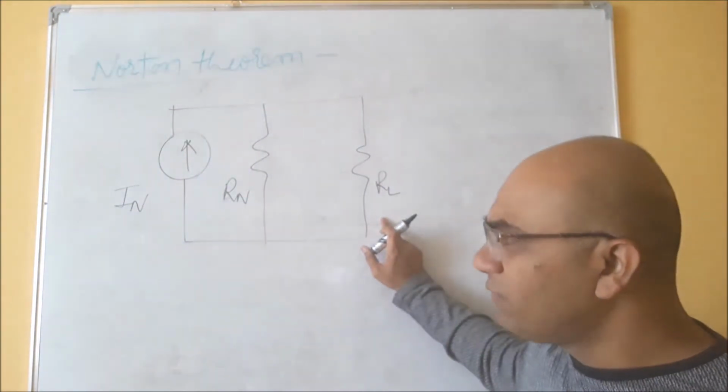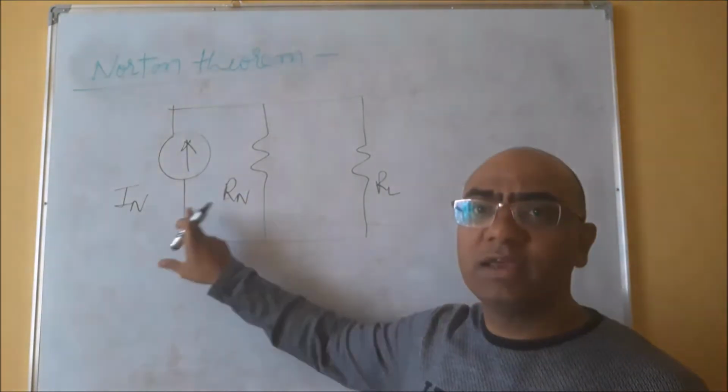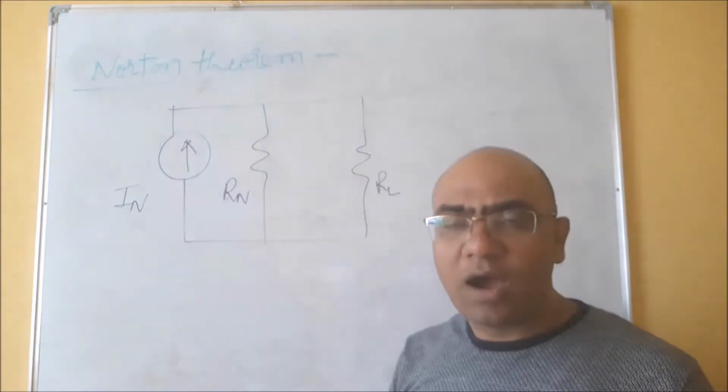So the first thing: what will be the value of IN and what will be the value of RN?